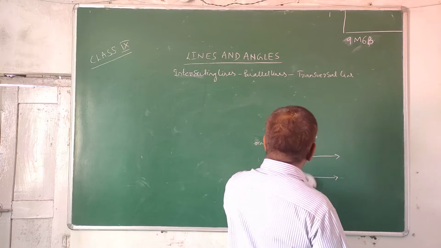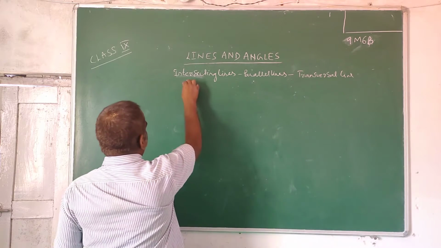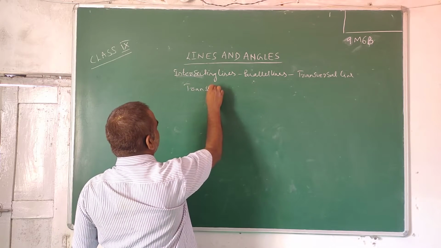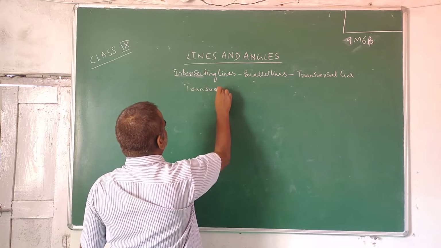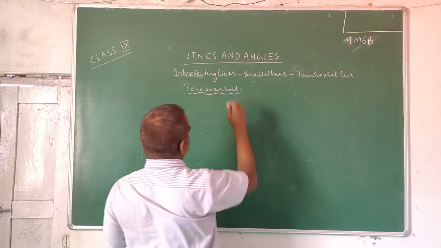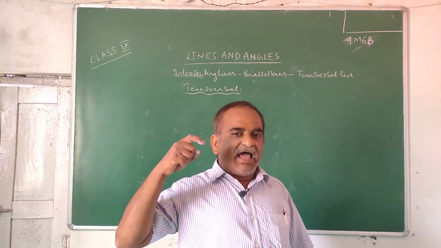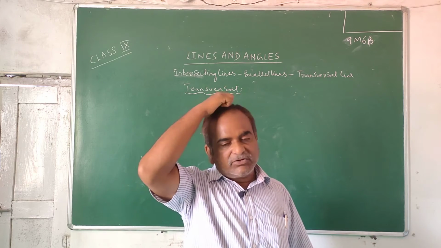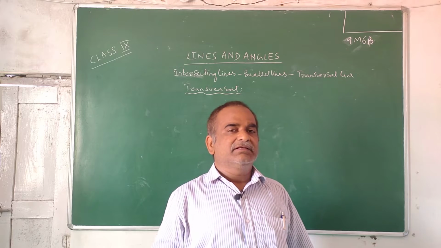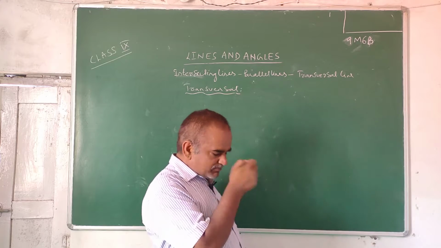Next, transversal line, or simply transversal you can say. Transversal means if a line is intersecting two parallel lines or two intersecting lines, it is known as a transversal line.